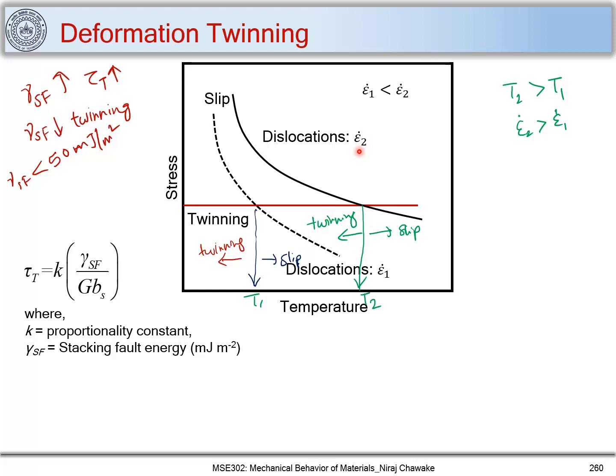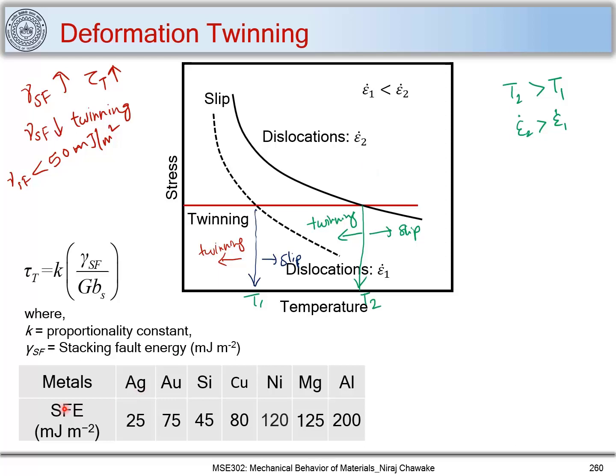This strain rate epsilon 2 is higher than strain rate 1, and twinning in the first case occurred below T1 temperature, but in this case twinning can occur at T2, which is higher than T1. Thus twinning can depend on the rate of deformation. If the rate of deformation is much higher, twinning can occur at higher temperatures too.